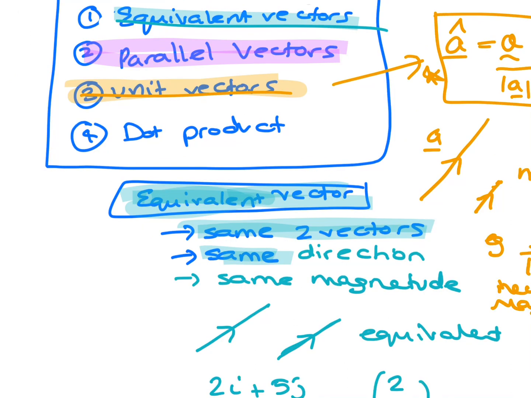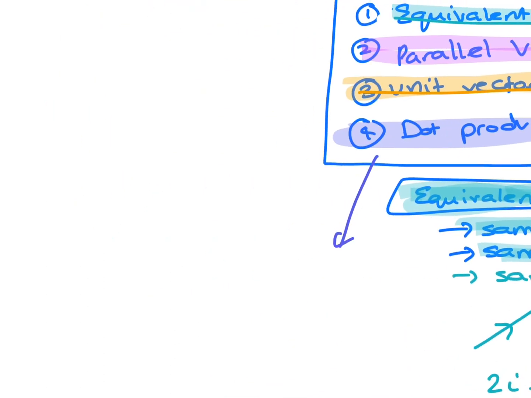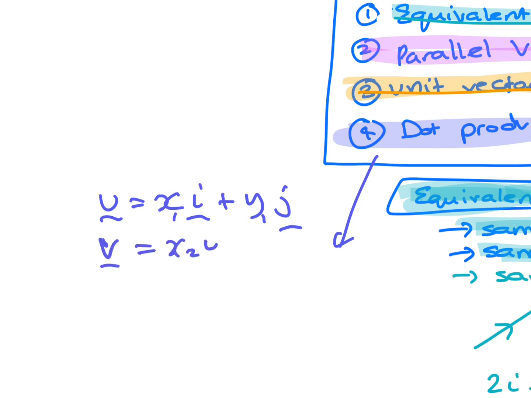And finally, the last concept we want to look at is called the dot product. The dot product seems pretty useless until you see its power. Say we have u equals (x1, y1) and v equals (x2, y2).